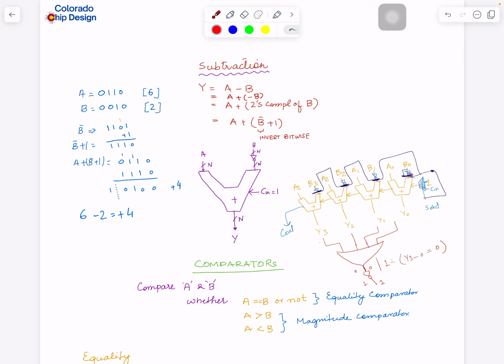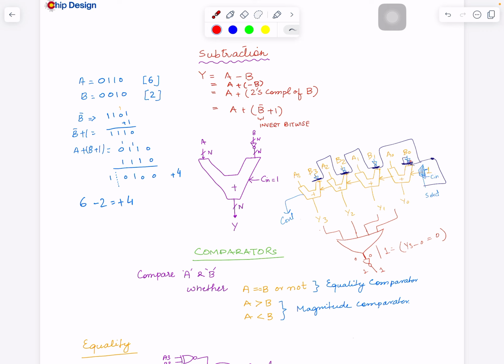So just by putting this NOR gate at the output of this, we can totally turn this into an equality comparator. And these are the important flags that you are finding now. It's an equality flag. So whenever this signal is 1, these numbers are equal.